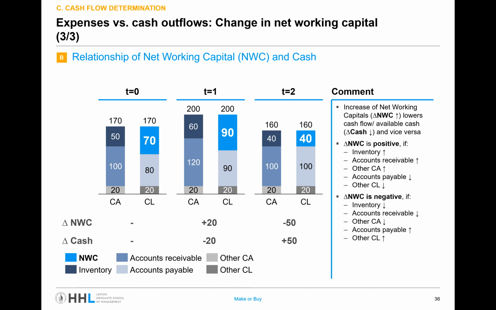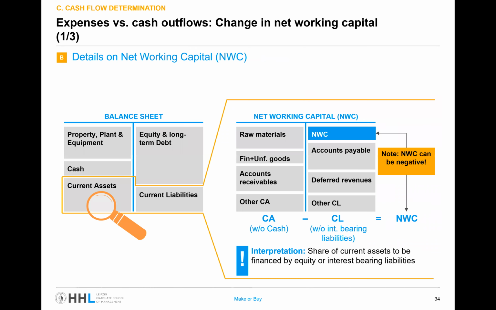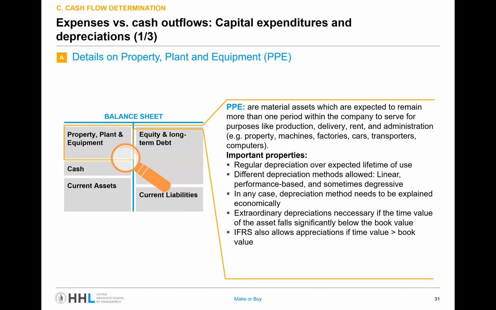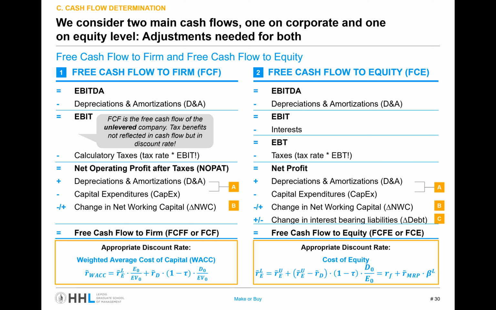Therefore, whenever the net working capital increases from one year to another, we basically decrease our cash flow by exactly that amount. And that is what you can then see here in our fuzzy slide. So change in net working capital with a minus and a plus is meant to symbolize, okay, if the net working capital goes up, the cash goes down, and the other way around.